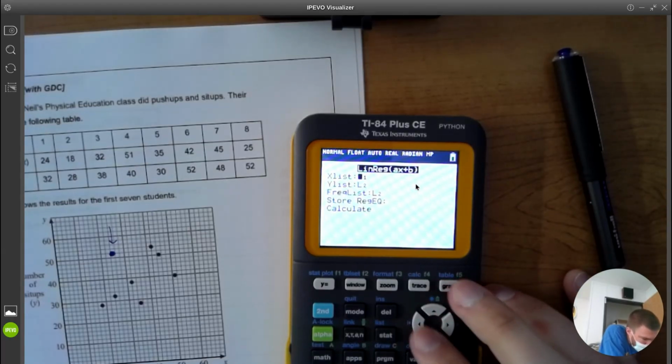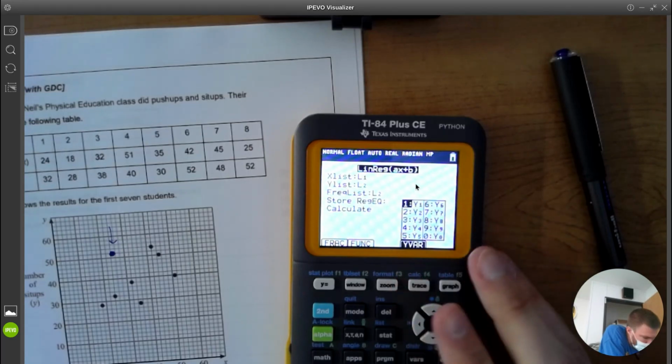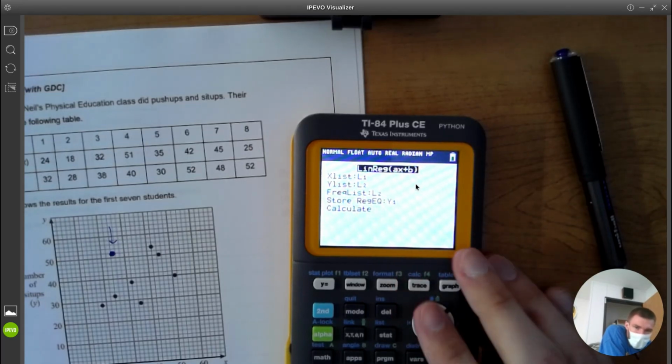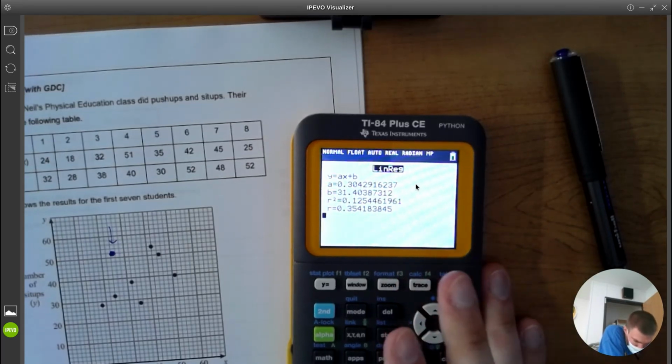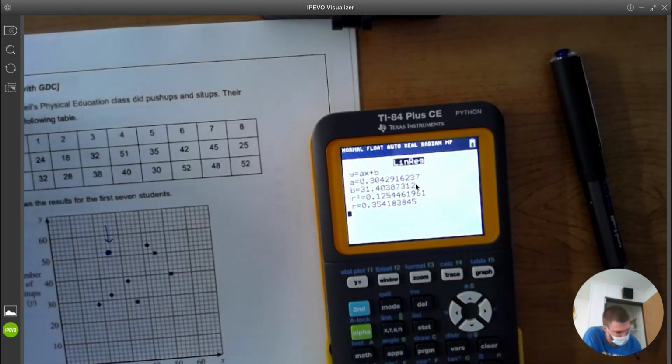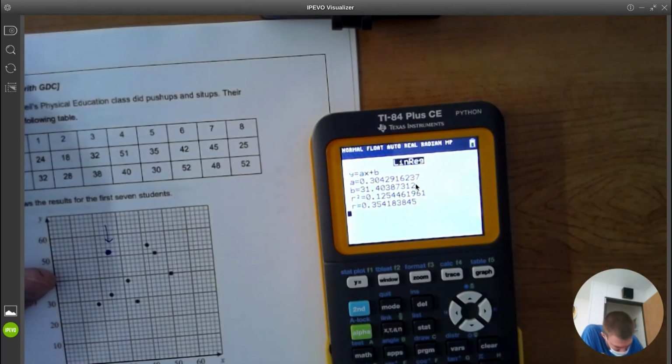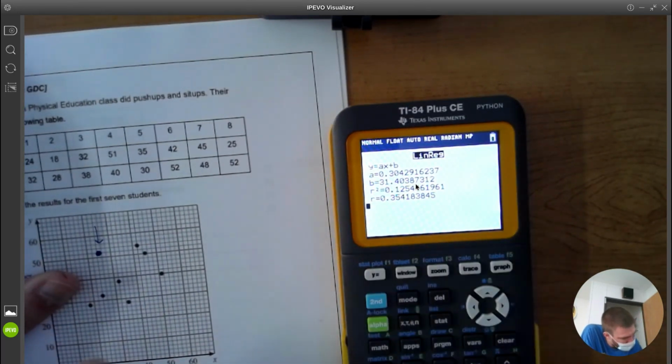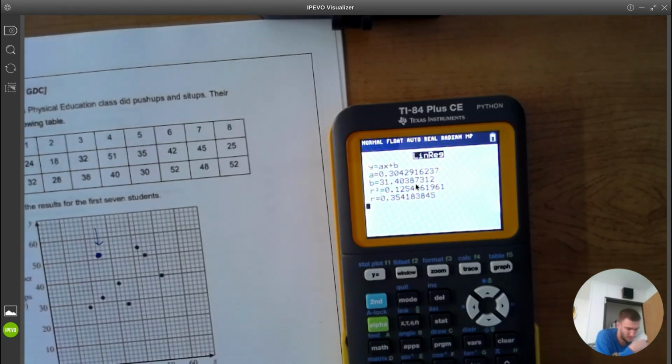So I calculate linear regression stored in Y1. Y equals 0.304x plus 31.404.